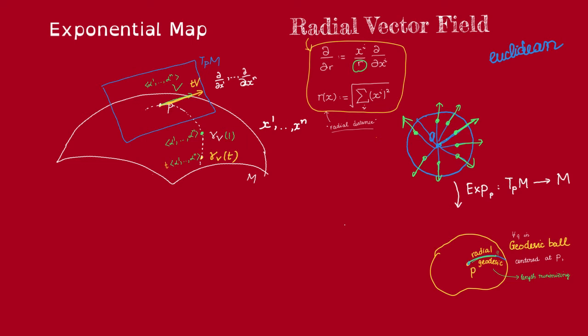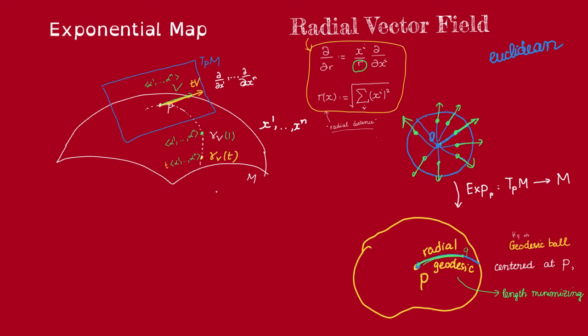We just mentioned it because it's easy to draw. In general, in Euclidean space, this vector field is just a unit vector field, given at every point P by the vector pointing in the direction of the line through the origin connecting the origin and the point P. And again, remember we divided by this r so that this is a unit vector field.